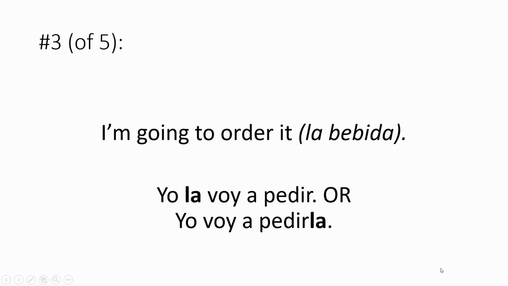This one had two verbs, your form of go, which would be voy, and the verb to order, which is pedir. Remember, when you're saying that you're going to do something, you have a form of ir plus the word a and a verb that's not conjugated. So since you have those two verbs, now you have a choice before the conjugated one or attached to the infinitive.